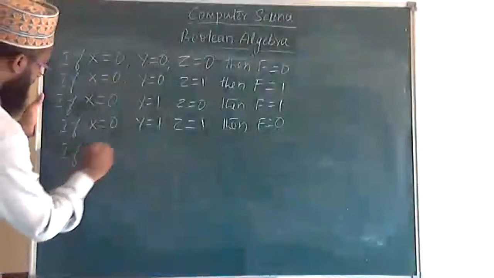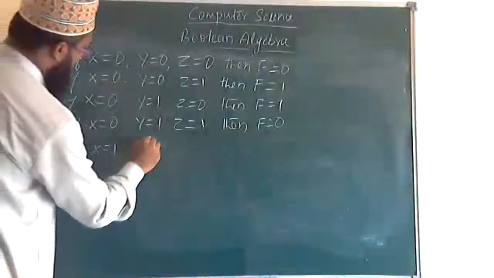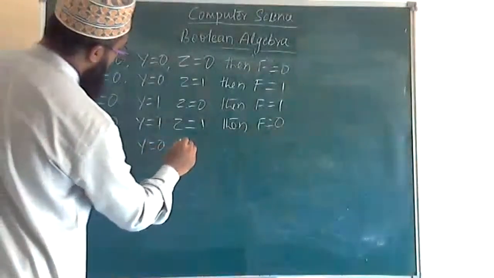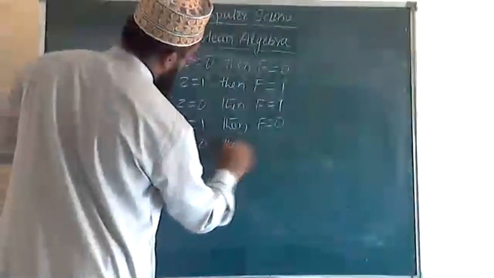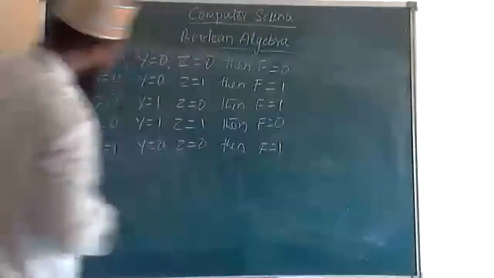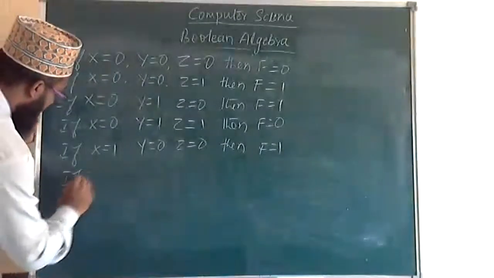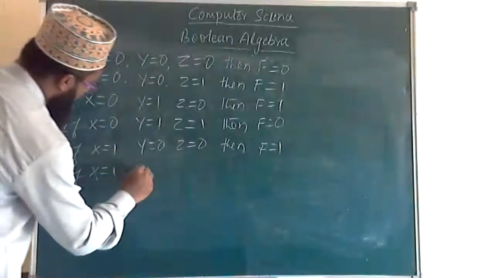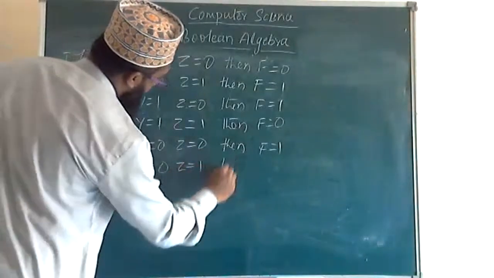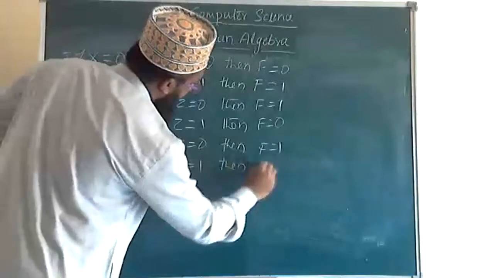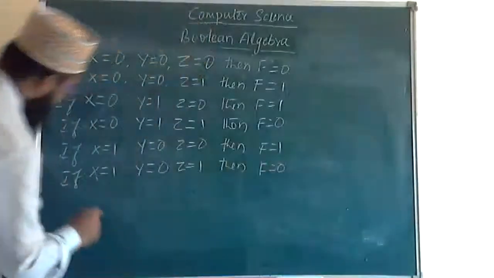If x is equal to 1, y is equal to 0, z is equal to 0, then f is equal to 1. If x is equal to 1, y is equal to 0, z is equal to 1, then f is equal to 0.